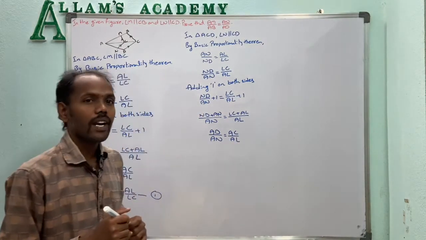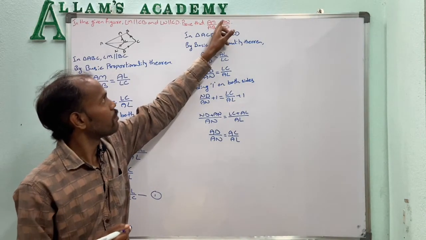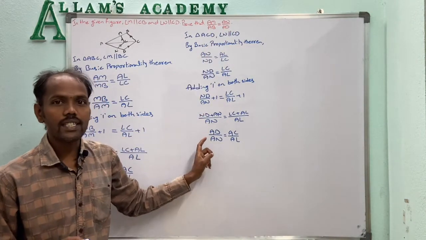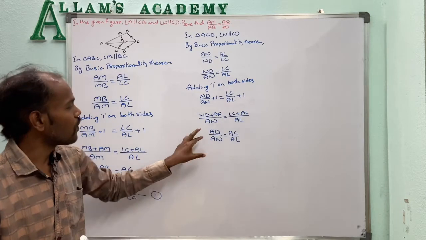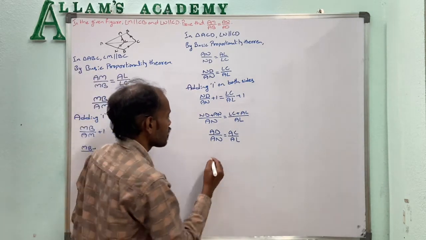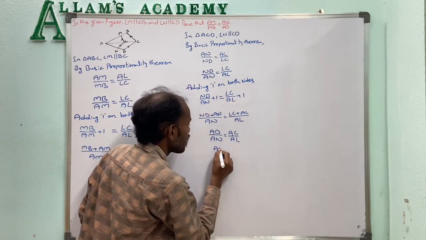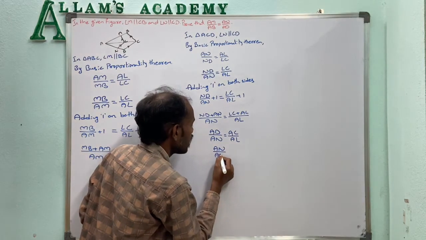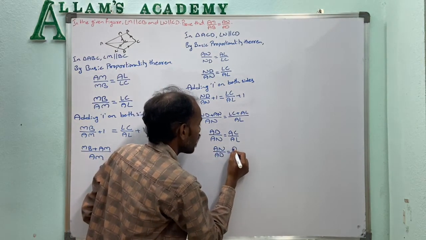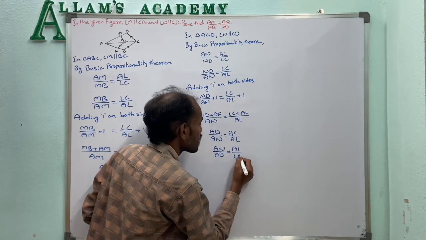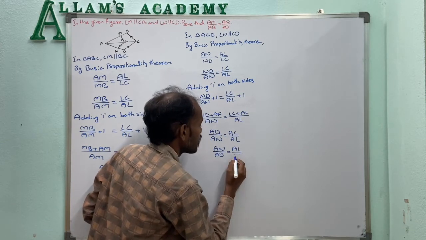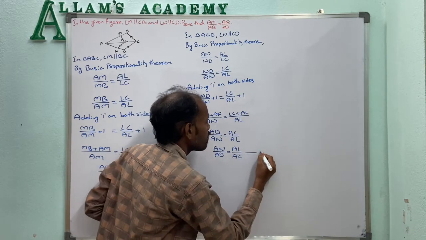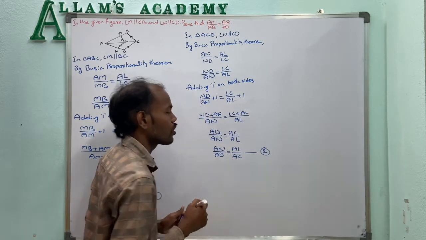Now our answer should be in AN by AD, but here it is AD by AN. So once again we take reciprocals, that is AN by AD equals AL by AC. We take this as equation 2.